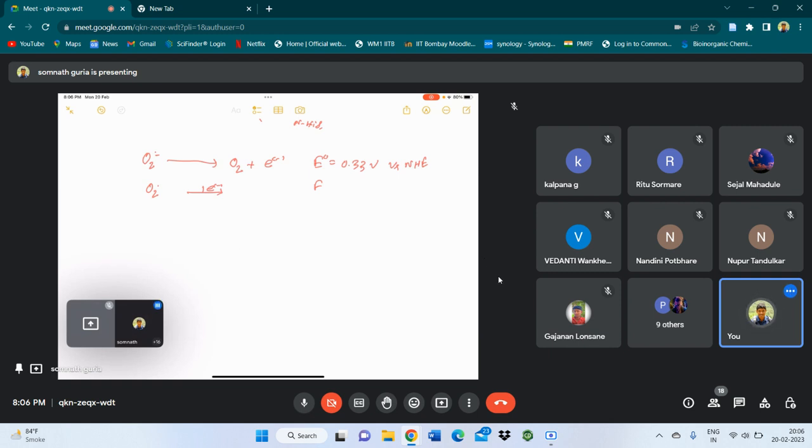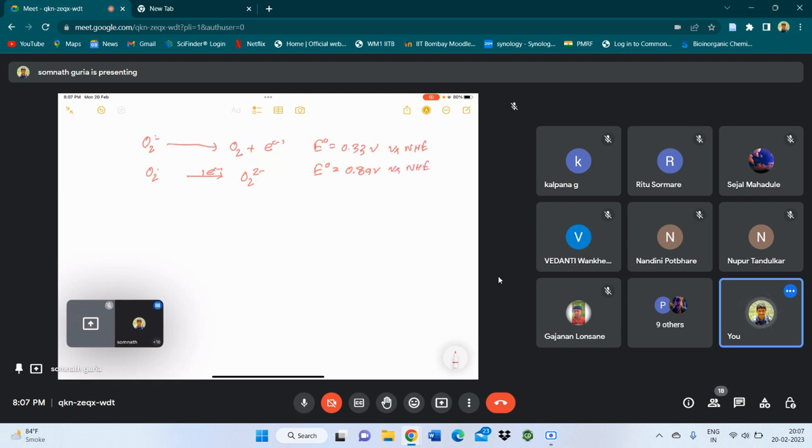So where I was, the second reaction is that it takes one electron to form O2 2 minus. That E0 value is around plus 0.89 volt versus NHE.